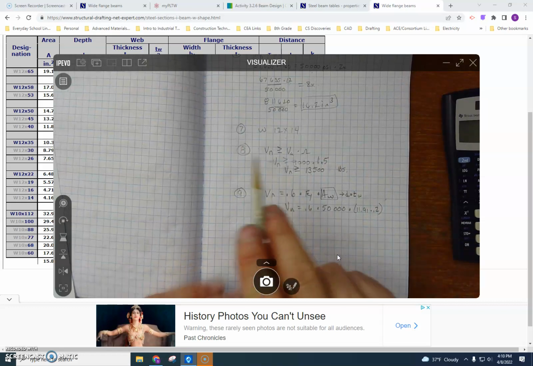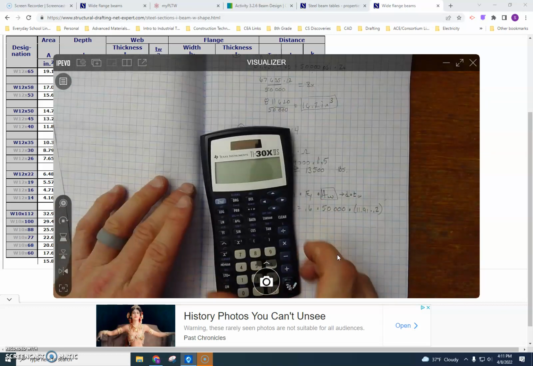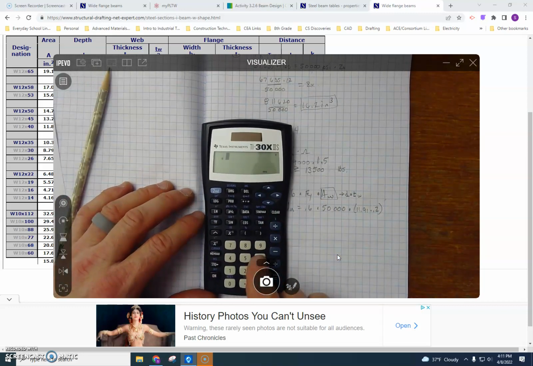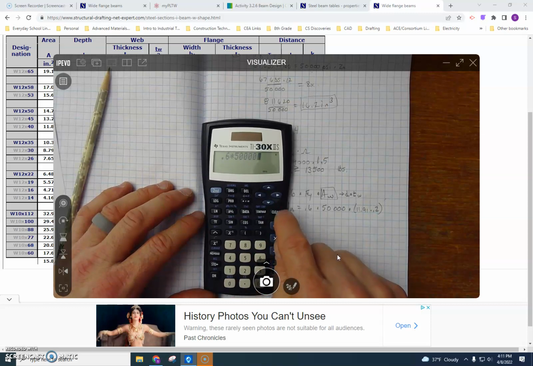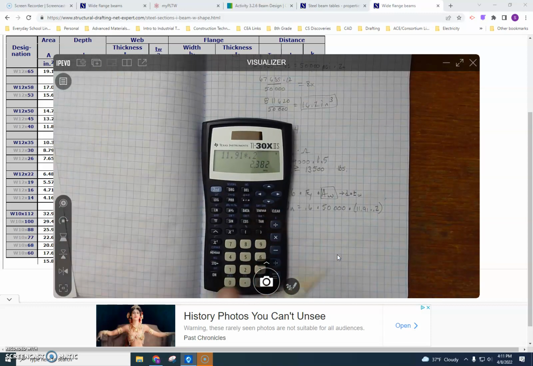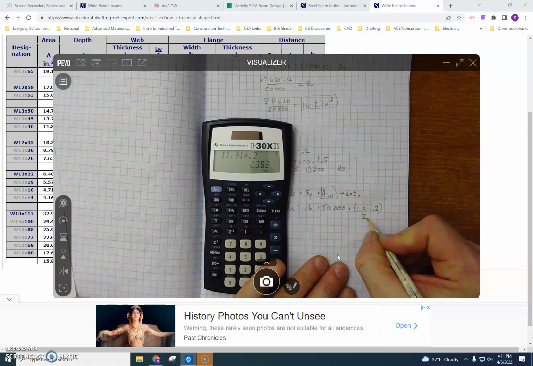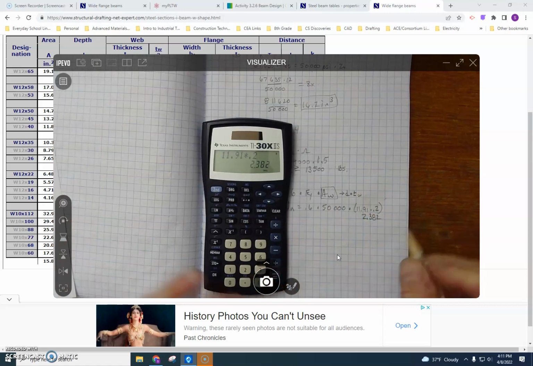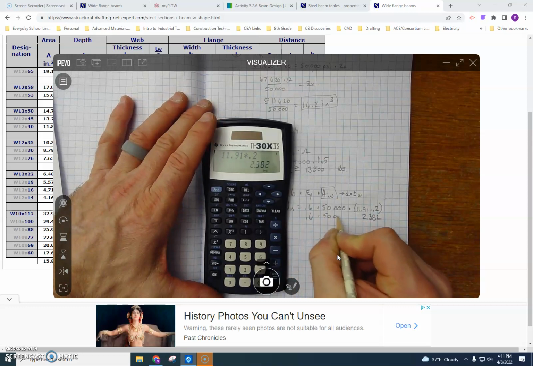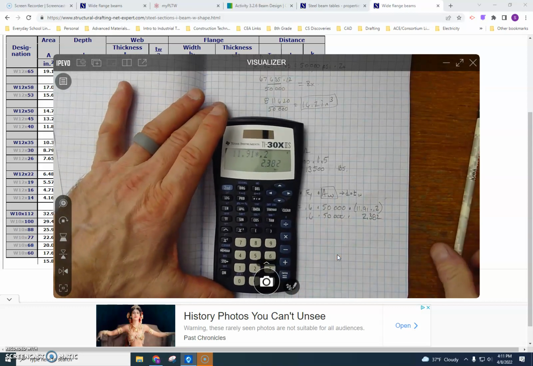So when I do this on my calculator, well, I better do this first. 11.91 times 0.2 equals 2.382. So this is 0.6 times 50,000 times 2.382.